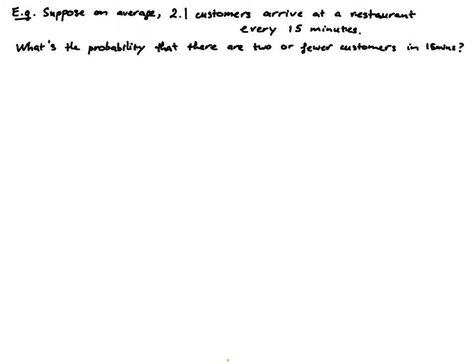So now if I let x be the number of customers, then x is a Poisson variable, right? Or it has a Poisson probability distribution.